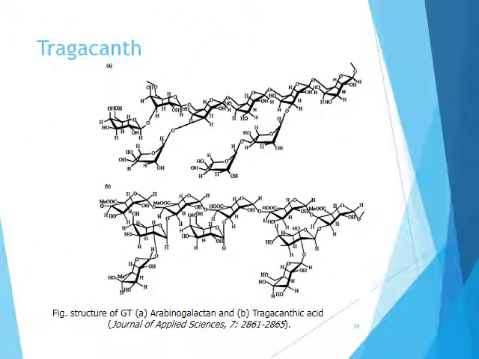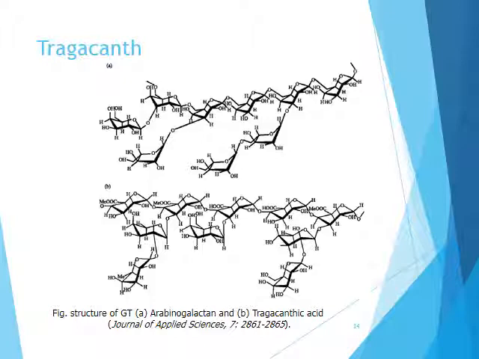This slide is showing the structure of Tragacanth. As you can see here in the slide, the emulsifying agent, or this excipient generally, is consisting from two separate units. So the structure is actually not a single structure.